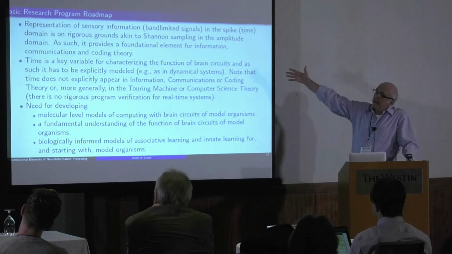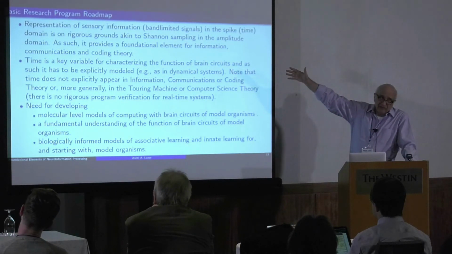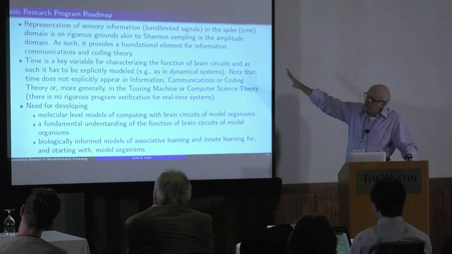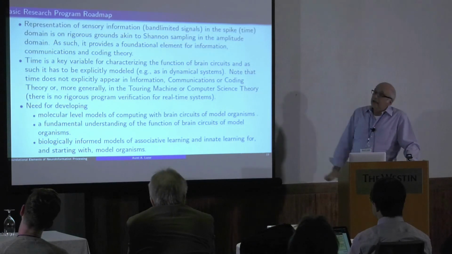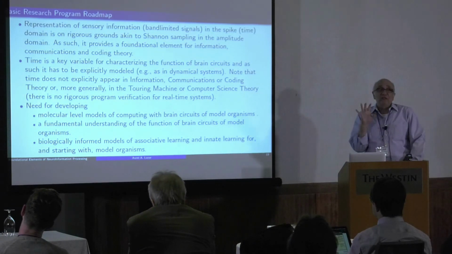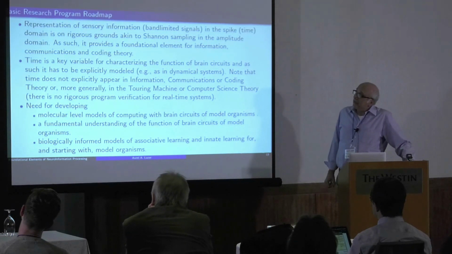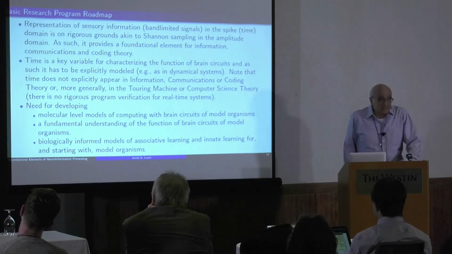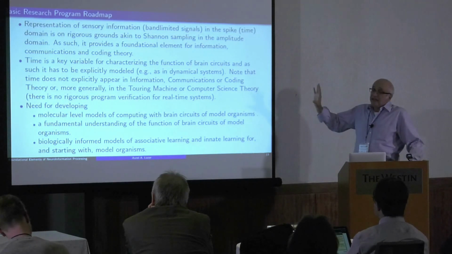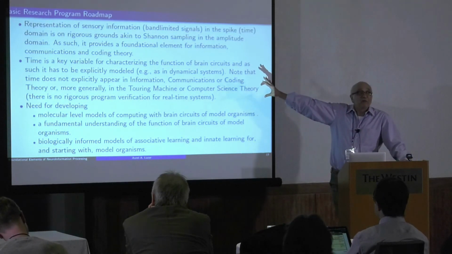So as I mentioned before, representation of information in the time domain, we have a very good understanding of it, we believe. But we also think that whatever one does, one has to bring time explicitly into the models. And information theory has no time concept.